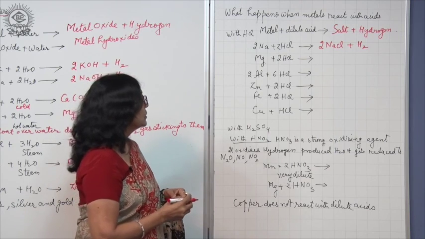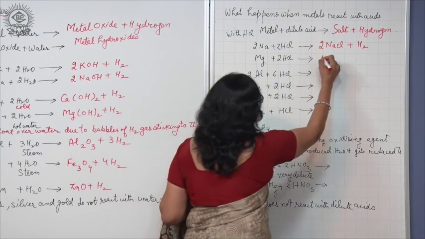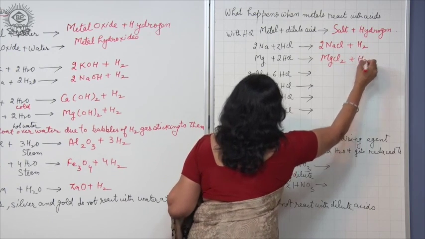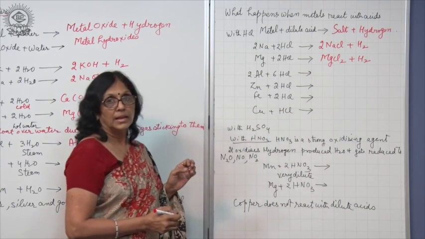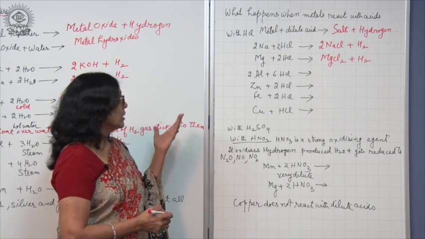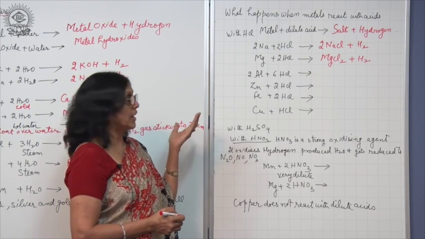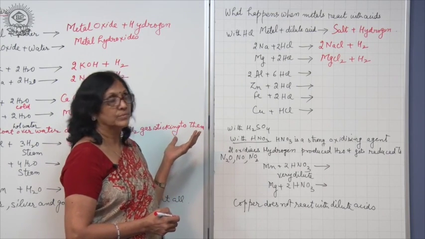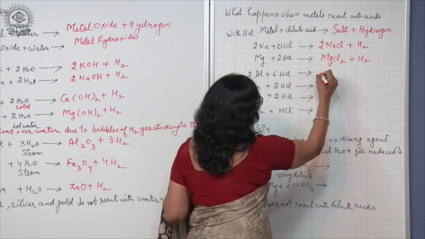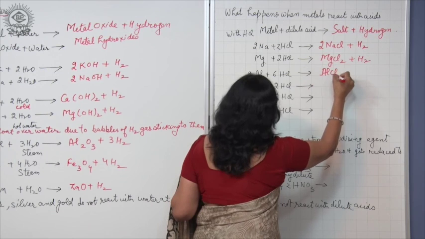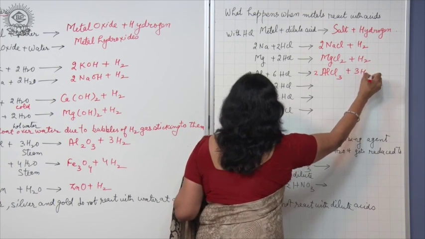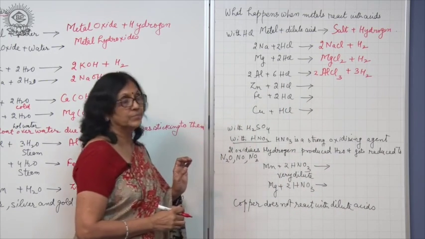Magnesium reacts with hydrochloric acid and forms the salt, magnesium chloride, and hydrogen gas. Aluminium reacts with hydrochloric acid and forms... Now, you can write the equations yourself, try to complete them. In this case what will be formed? Think over it and write it. Aluminium chloride will be formed. Now, think what will be formed in this?